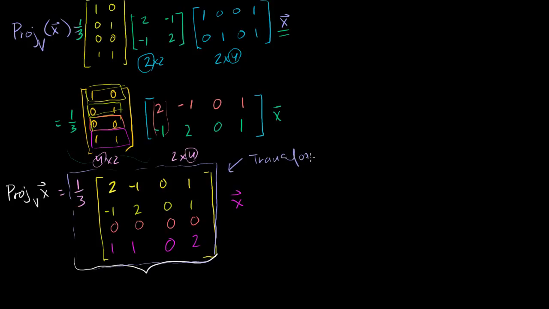And as you can see, since we're transforming, remember this projection, the projection onto V, is a linear transformation from R4 to R4. You give me some member of R4, and I'll give you another member of R4 that's in my subspace. That is the projection. So this is going to be a 4 by 4 matrix. You can see it right there.